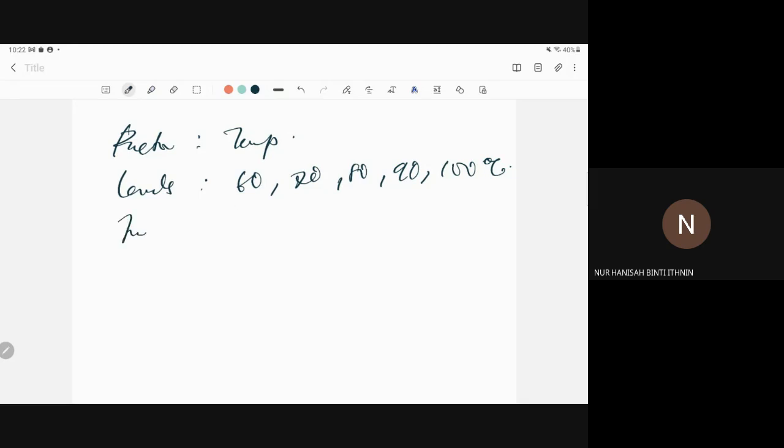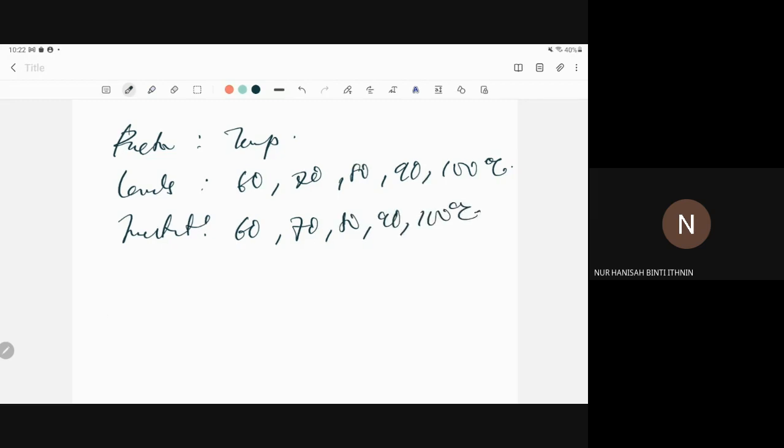This is a one factor experiment, so the levels are the treatments. And for your reps, for example, you expect a higher degree of heterogeneity, so you want to do 5 reps.